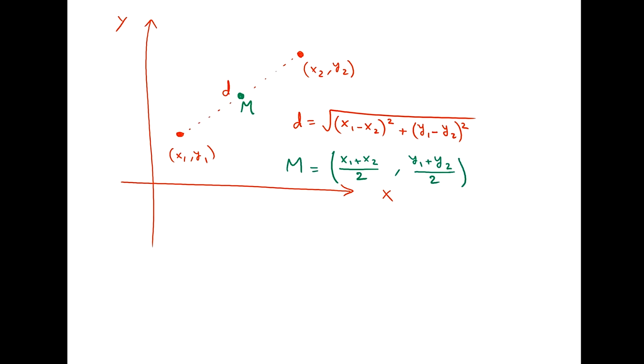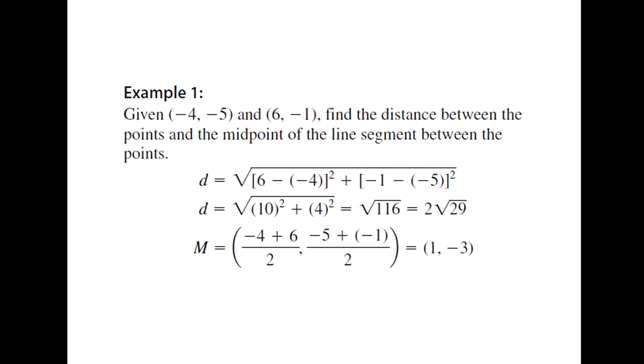So we need to take an example of how to find the midpoint and the distance using these formulas. Look at this. We have two points. The first one is minus 4 and minus 5, this is x1 and this is y1.